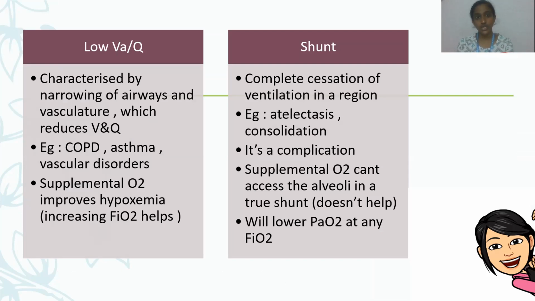Low VQ can occur in lung diseases like COPD, asthma, vascular diseases. In those conditions, whenever you supplement oxygen, this low VQ can be corrected. Whereas a shunt is actually a complication. Even when you give 100% oxygen to a patient with a shunt, it will not completely correct the shunt.